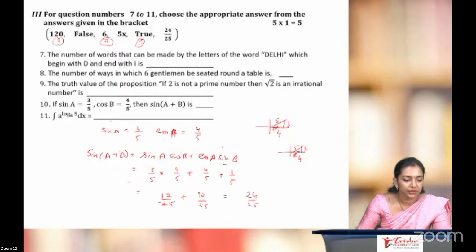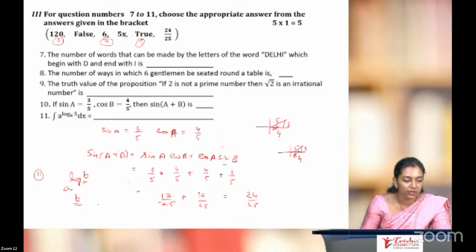Next, considering the 11th question, here I will write at the side. So integral a to the power log 5 base a. Whenever you have a number raised to the power log with the same base a, a to the power log b base a, the a and log get cancelled, so you just have b as the value.